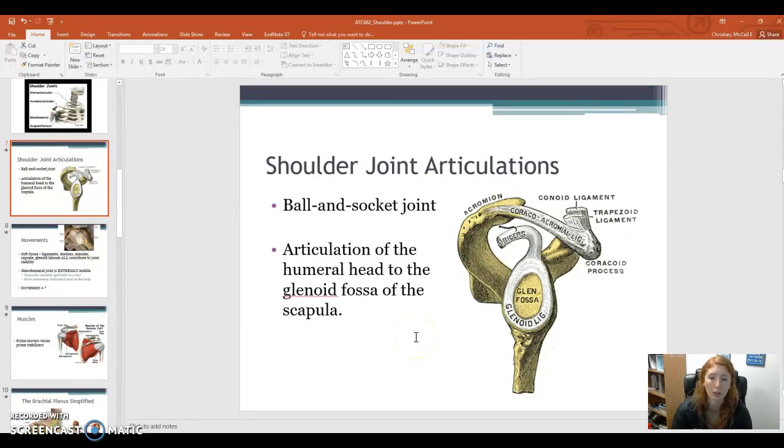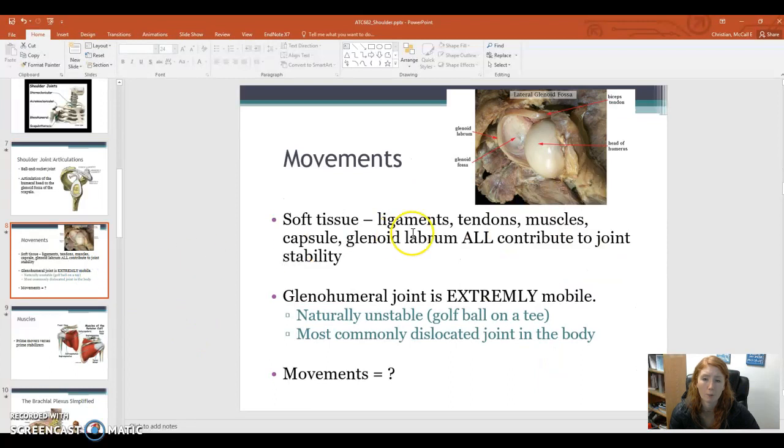The big ball and socket joint, the one we think about the most, has the articulation of the humeral head and the glenoid fossa of the scapula, meaning that the scapula contributes significantly to the motion of the shoulder. I think it's often underappreciated, especially as we're learning about the shoulder. It's easier to look at it as just the humerus, but they both play a huge role.